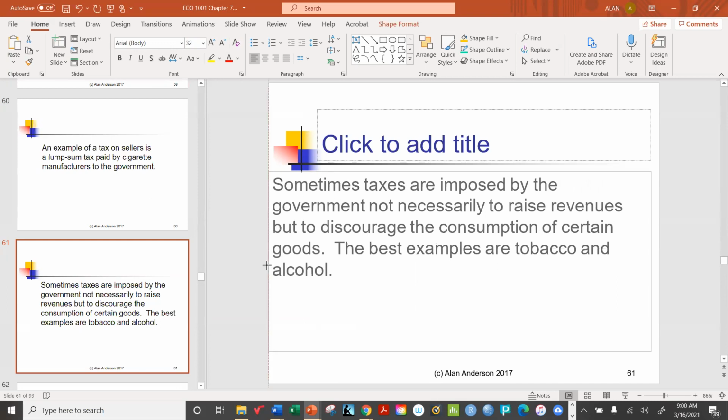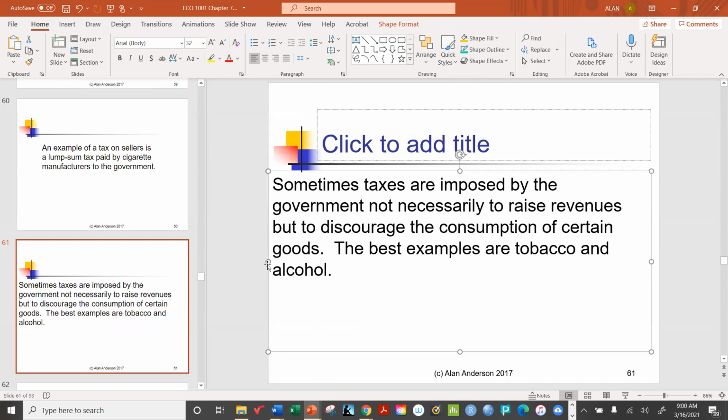With gas, you might notice that if you look around at a gas station, there's information available on the pump, but it's printed usually in very small print, where they give you some sense of how much of that gas price is coming from taxes. It's not that difficult to find out how much tax you're paying on gas, but for cigarettes and alcohol, you'd have to do some serious research to find out how that's working. But the bottom line is there tends to be taxes on these types of goods.